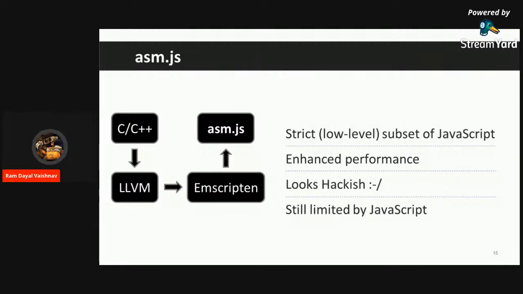And the way they solved it very first was using asm.js. So this was about asm.js. You can take a look at this diagram again, how it is taking care of converting your things from C++ to asm.js. I'll pause here for a minute just to see if anyone has any questions about asm.js.